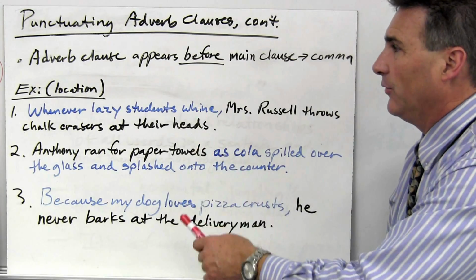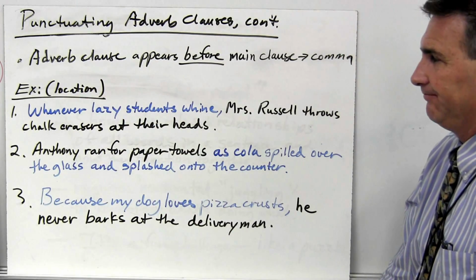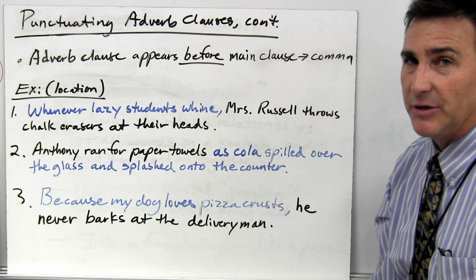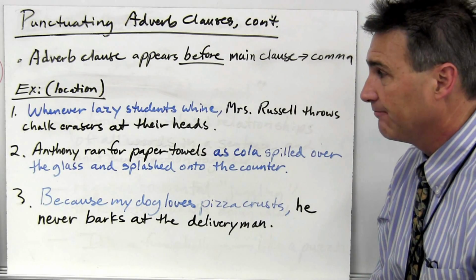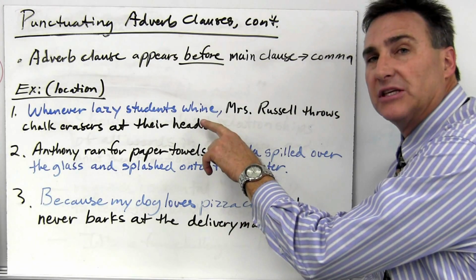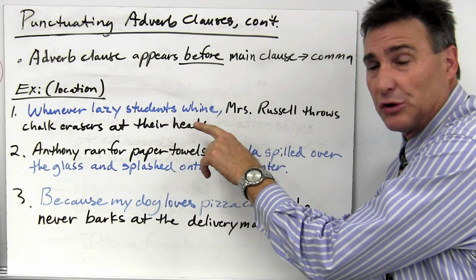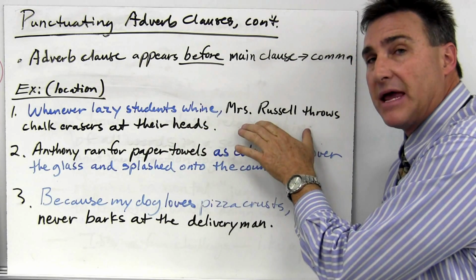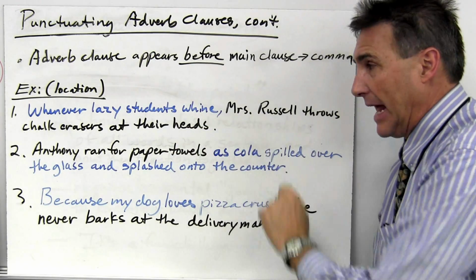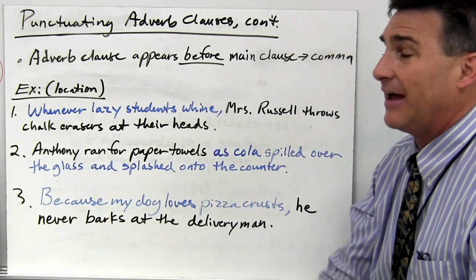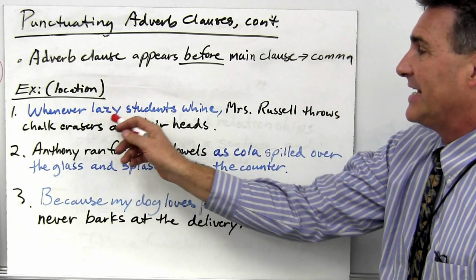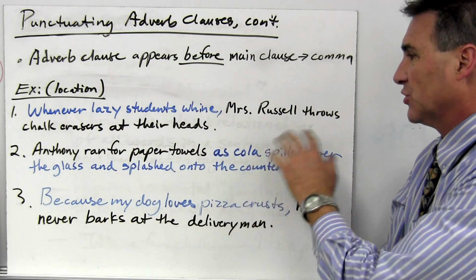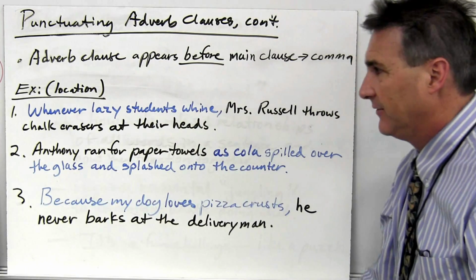So here's some examples based on location. Complete sentences following the pattern we discussed a moment ago. I've put the subordinate clauses, as has been our tradition so far, in blue, the main independent clauses in black. So here's our adverb clause. Whenever lazy students whine, Mrs. Russell throws chalk erasers at their heads.